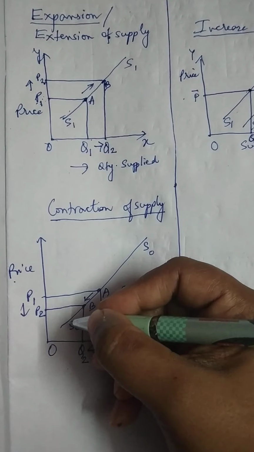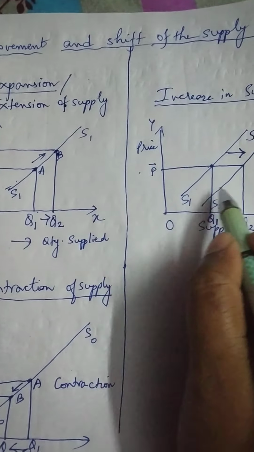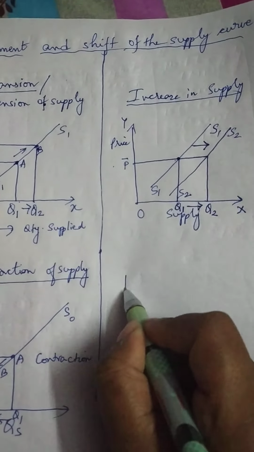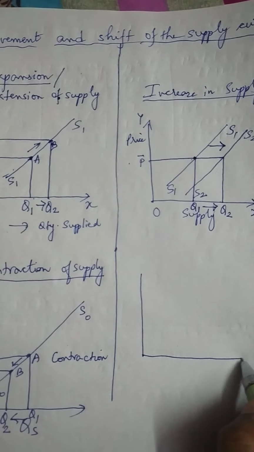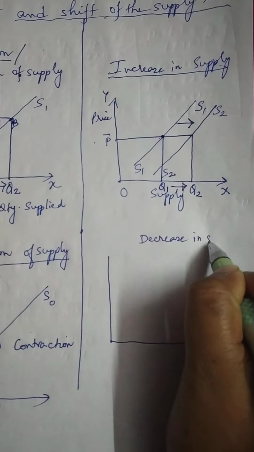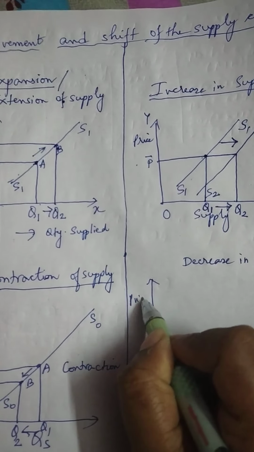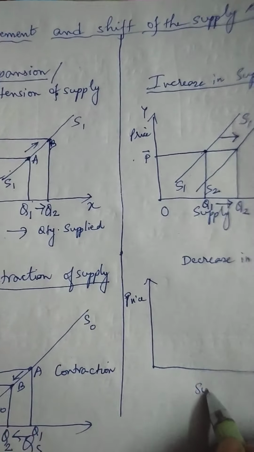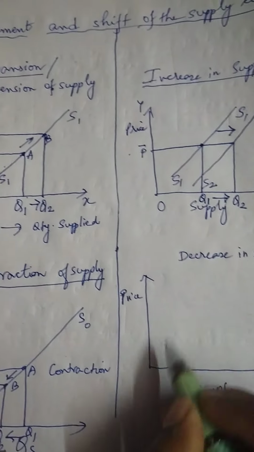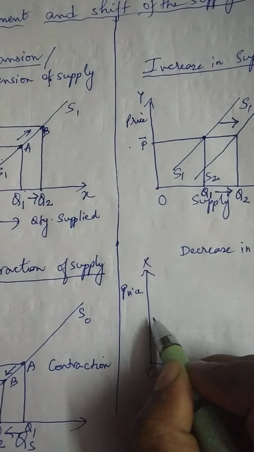Other factors remaining constant. And in case of shift, we have either increase in supply or we can have decrease in supply. Decrease in supply. So now again here price, here supply, origin, x-axis, y-axis.